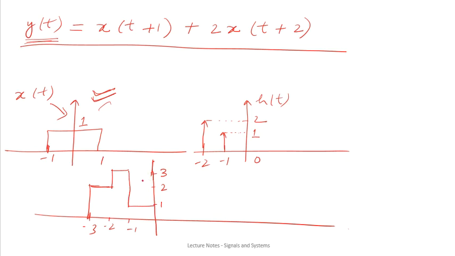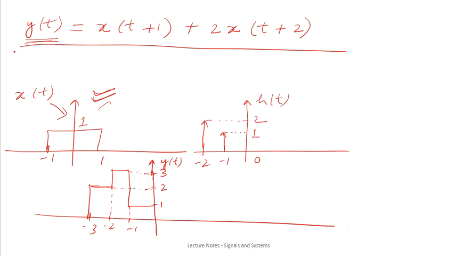Oh sorry, this will be 2, this will be 3 in amplitude, this is -2, this is -1. So this waveform is actually your resultant or the answer for this problem.